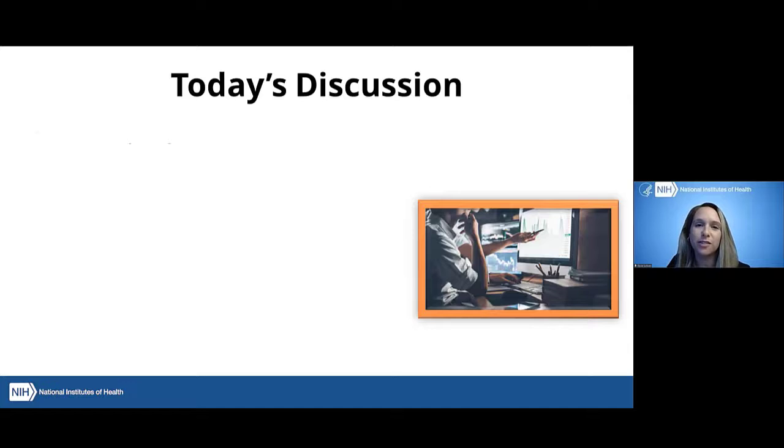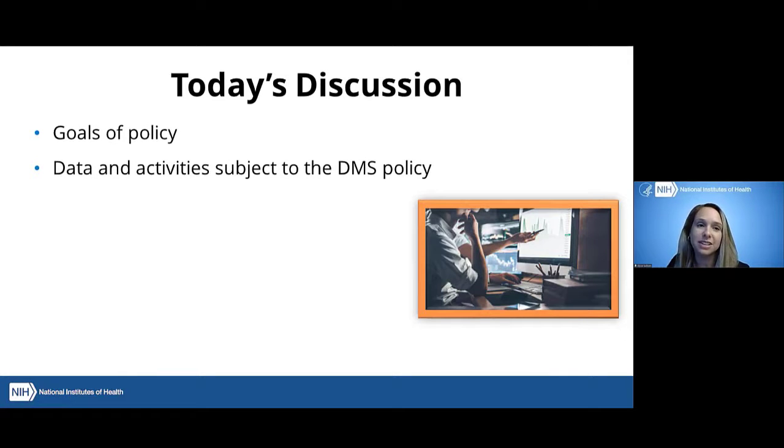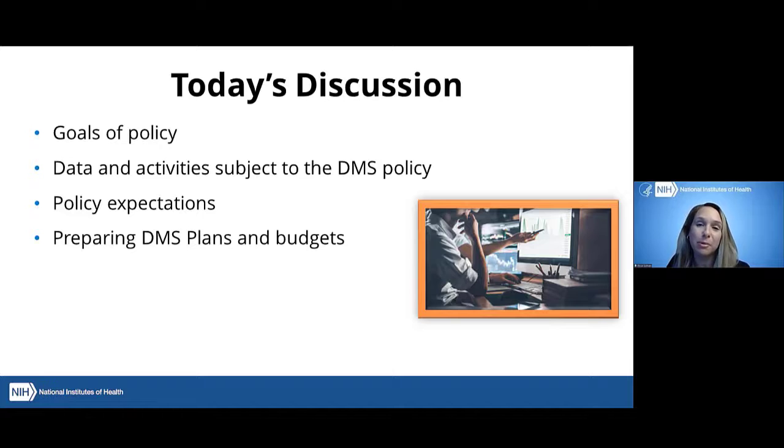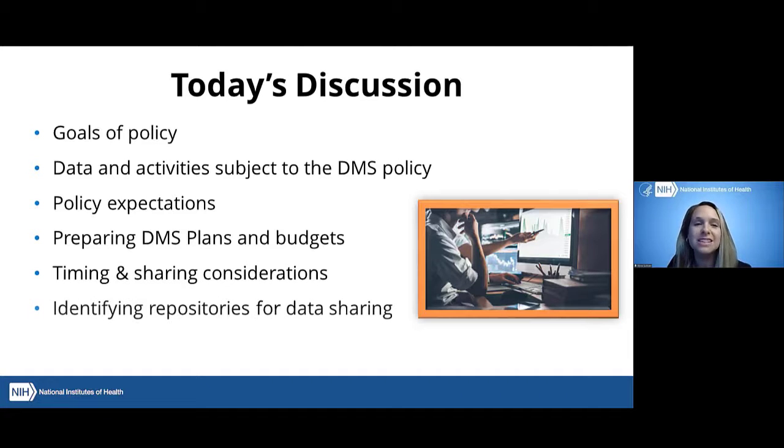Today's discussion will cover the goals of the policy, what types of data are subject to it, and the expectations of the policy itself. We will then move into discussing how to prepare DMS plans and budgeting for related costs. Finally, we'll discuss the timing of when data should be shared and some factors to consider when selecting data repositories.